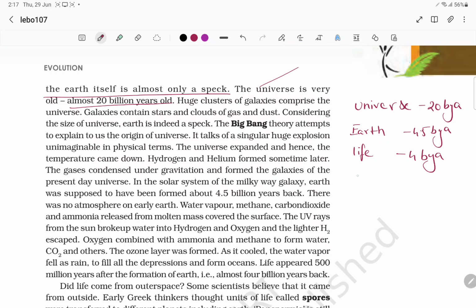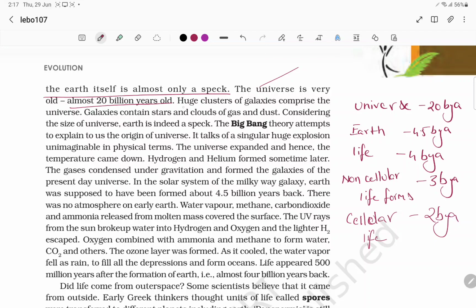And next, we have to know about non-cellular life forms: 3 billion years ago. And cellular life forms: 2 billion years ago. So you can remember it as a decreasing order.